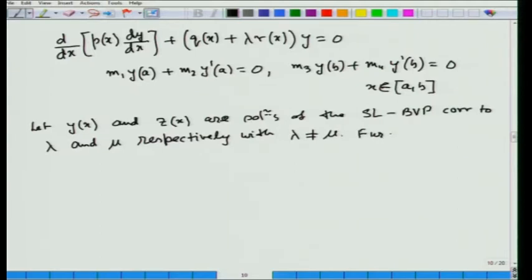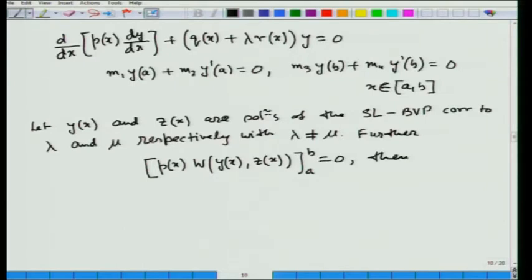Further, if the condition P x and Wronskian of y x z x from a to b is equal to 0, then integral a to b r x y x z x dx is equal to 0.